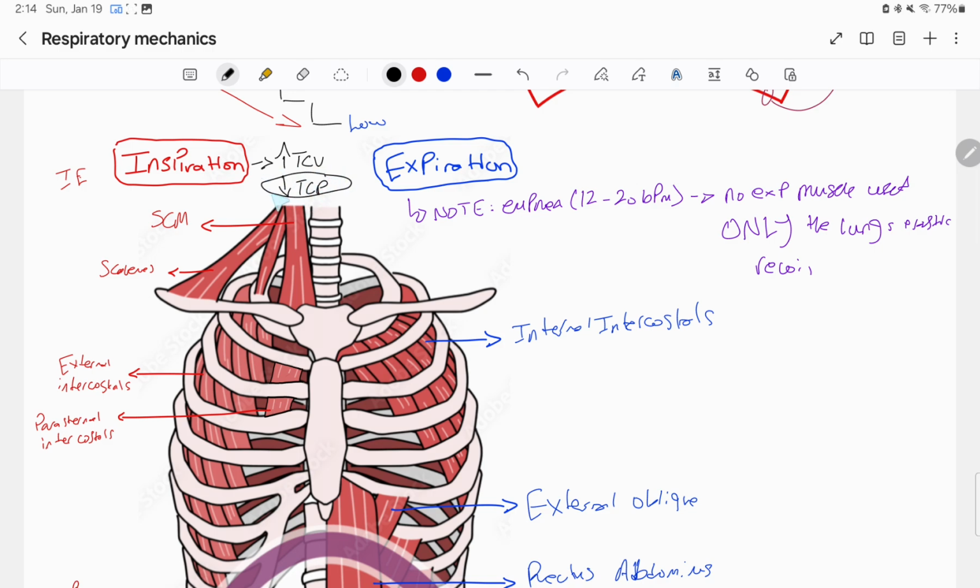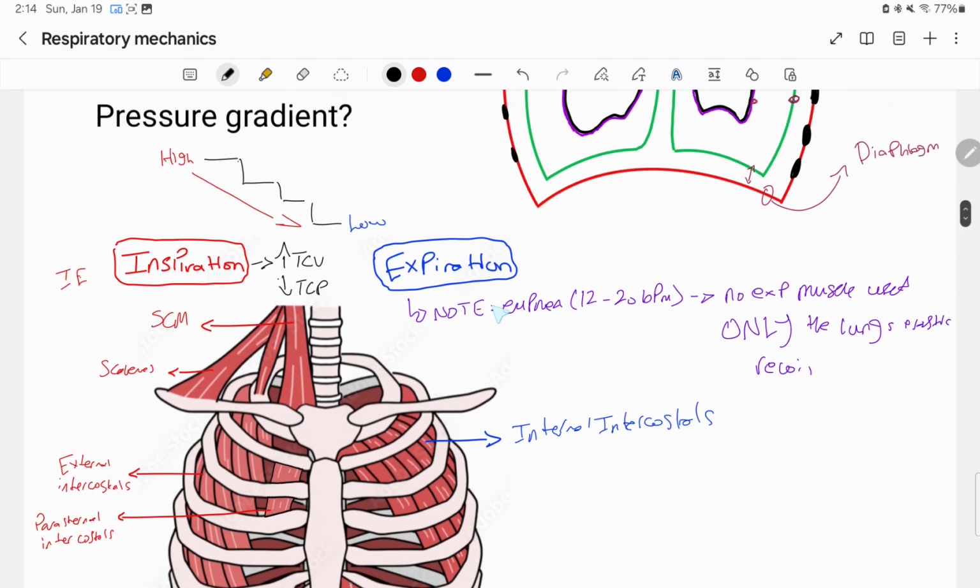You can think of this pressure as the pressure that's inside of the alveoli, okay? Awesome. So the inspiratory muscles are going to aim to increase the thoracic cavity volume, and they're going to decrease the thoracic cavity pressure because of that Boyle's law.